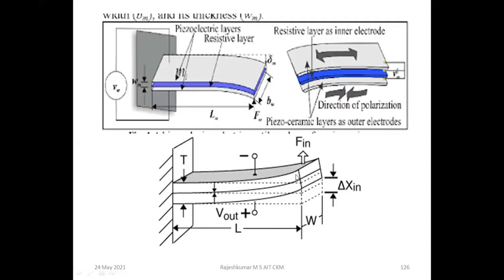Whenever the voltage is applied, there will be a change in the thickness. That is delta x in. So the input voltage varies the working operation, and F in is the input force.